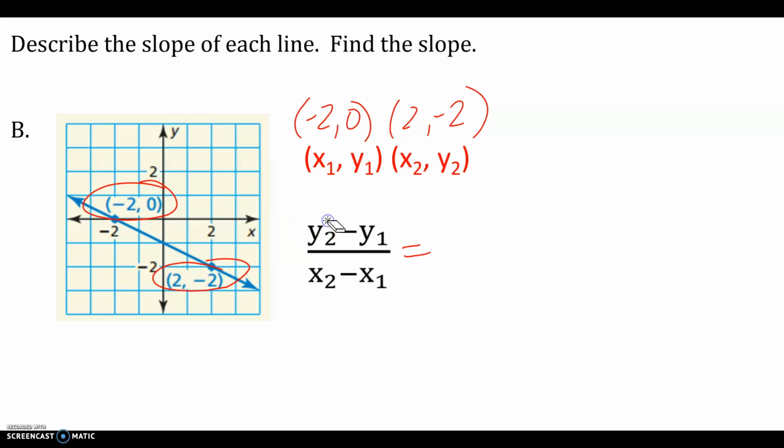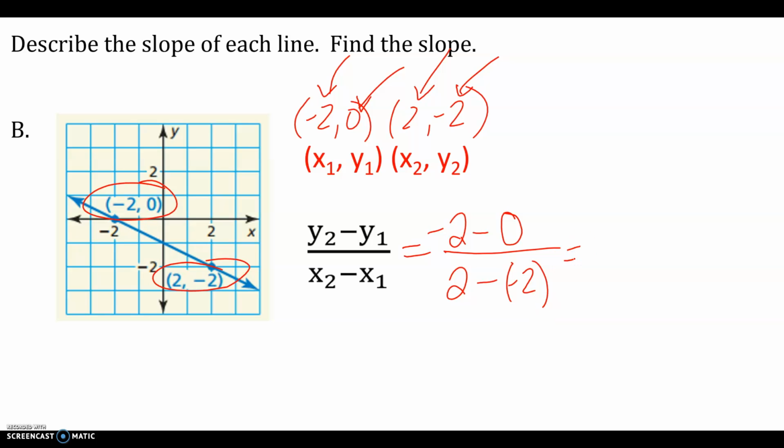Now we just have to plug them in. y2 is -2 minus y1 is 0, over x2, which is 2, minus -2. So obviously this is going to end up being -2 over, negative, negative becomes positive, positive 4. Reduce, oh look, -1/2, just what we got before.